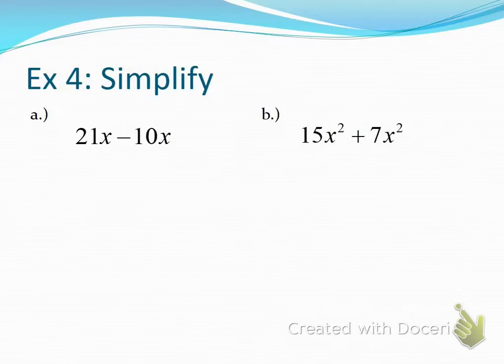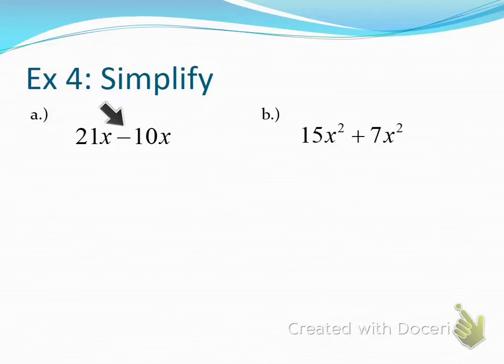So now that we're a little more prepared to simplify these, when we see the directions of simplify for these, we really are just trying to combine like terms. So we first have to decide, are 21x and 10x like terms? Yes. If they're not like terms, there would be nothing for us to do. These are like terms. So we are going to simplify by only combining their coefficients.